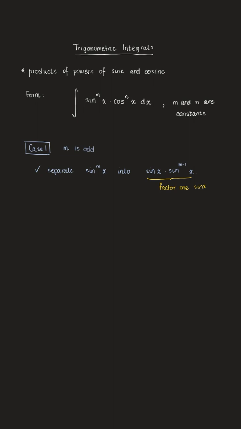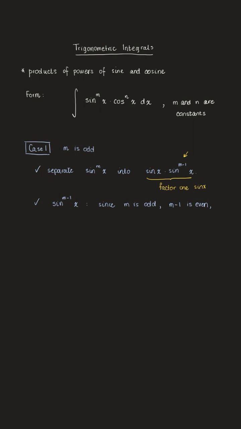Once we have done that, we have sine of m minus 1 x. Since m was odd, m minus 1, one less, is going to be even. So let me write that down. Since m is odd, then the new power that we have here of sine is an even number, since one less of an odd number is even, so m minus 1 is even.